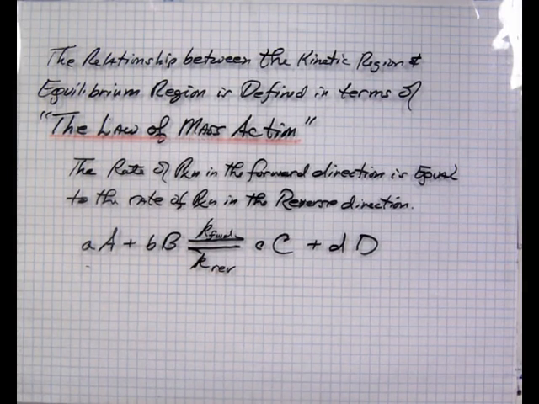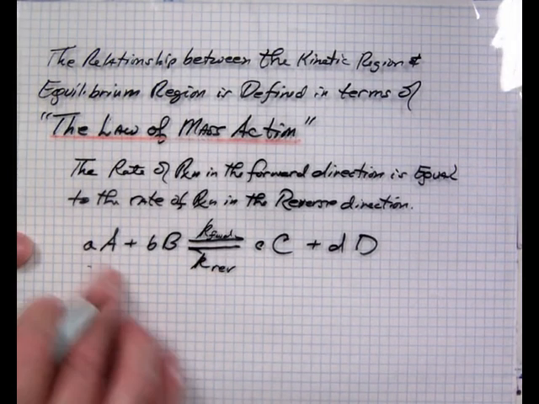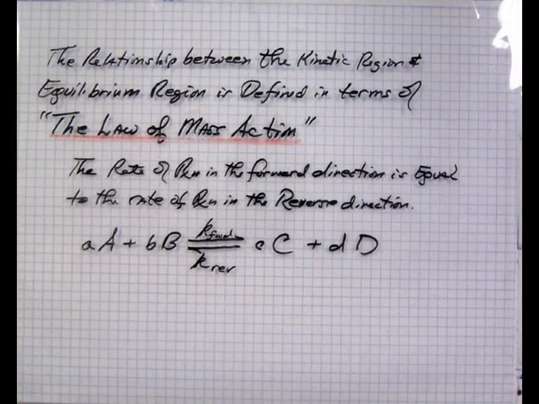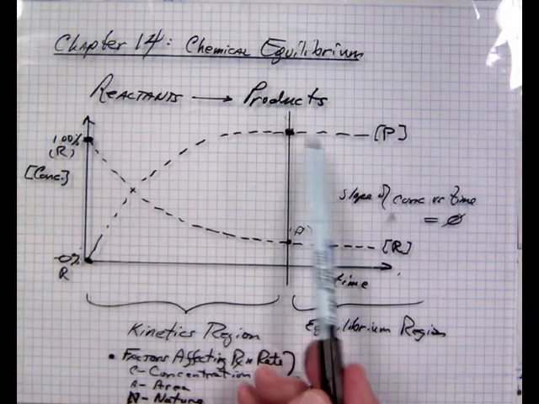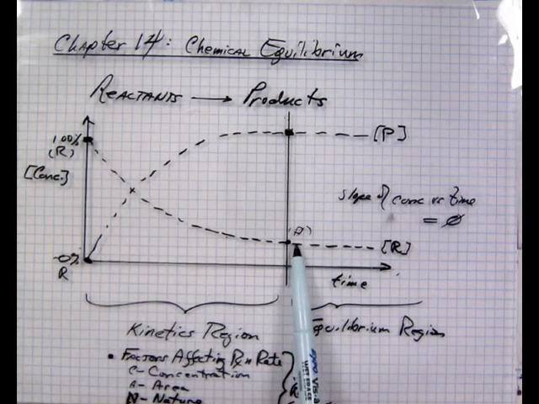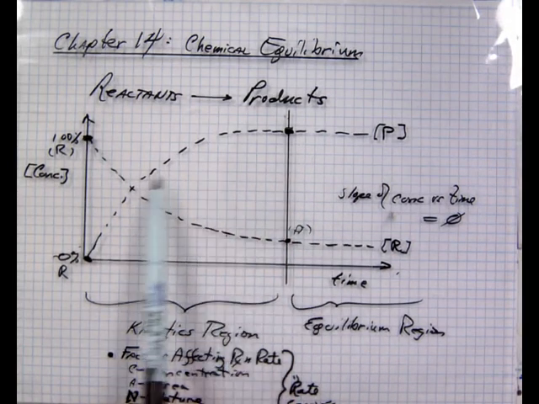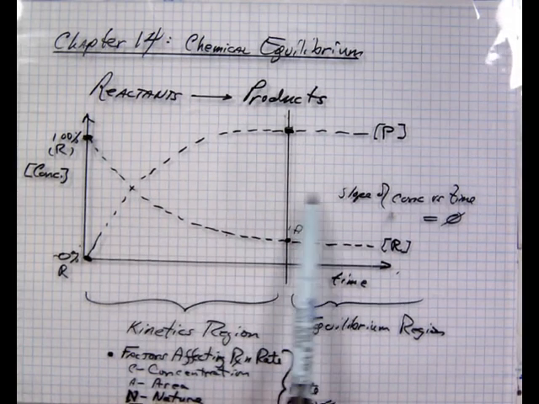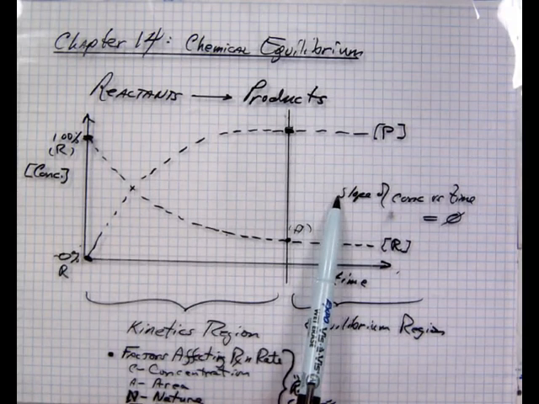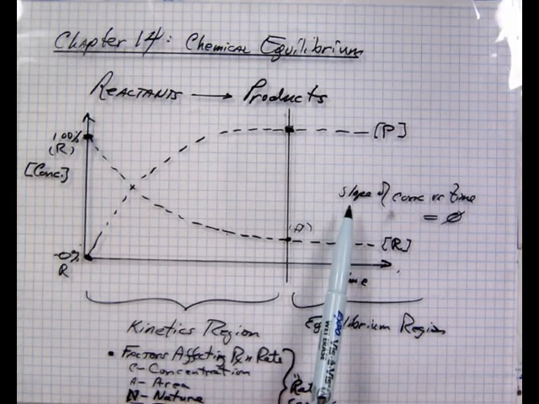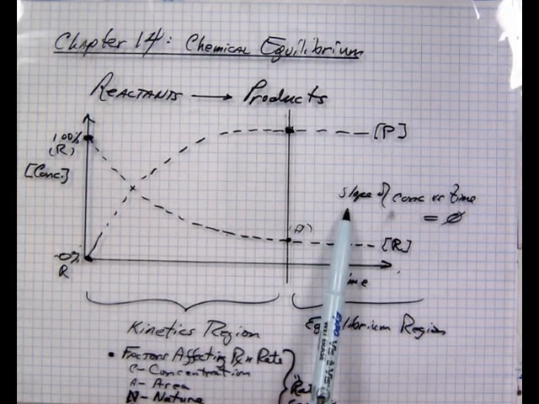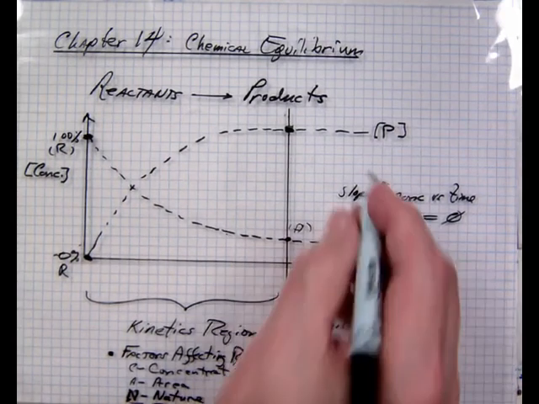At the equilibrium point in the curve that we showed you a moment ago, this is where this condition starts. This is the transition from the kinetic region into the equilibrium region, in which the rate forward is equal to the rate in reverse.